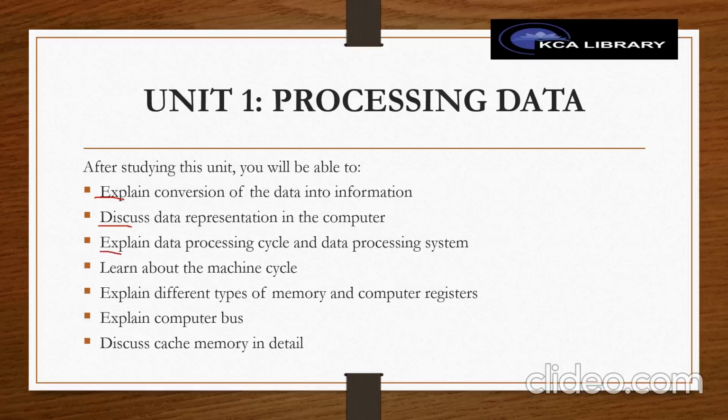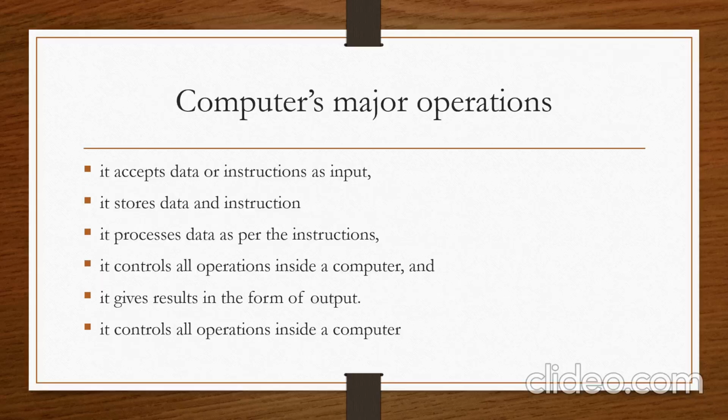Then we look at data processing cycle and data processing system. Then you also learn about the machine cycle. Then we'll be able to explain different types of memory and computer registers, explain computer bus, then discuss cache memory in detail. So before we go far, let us look at the major operations of a computer.